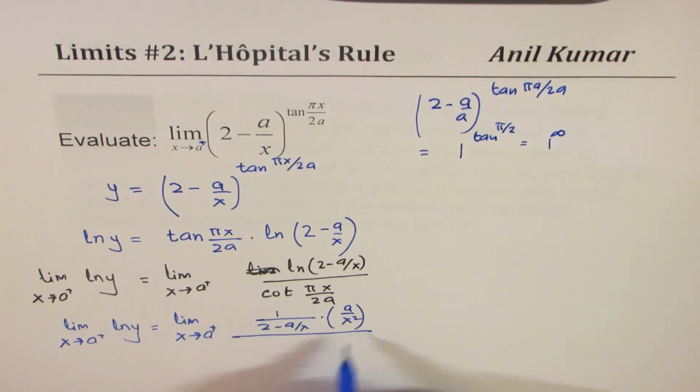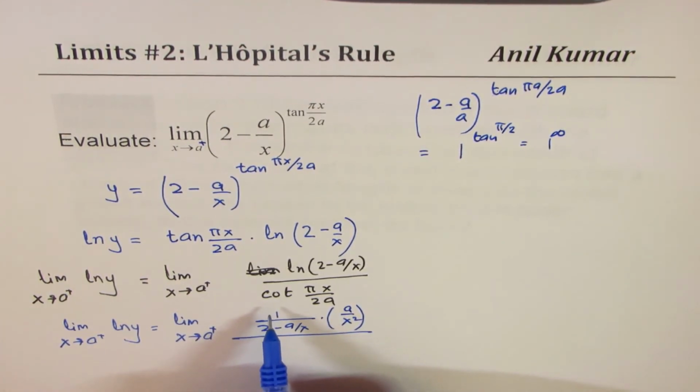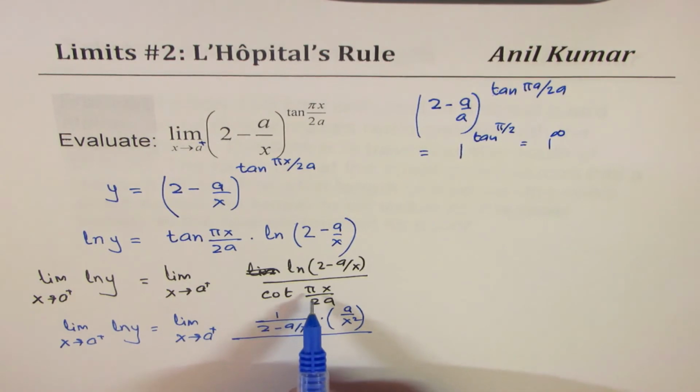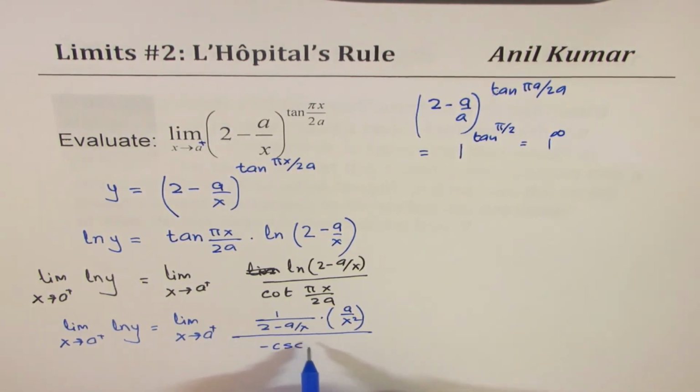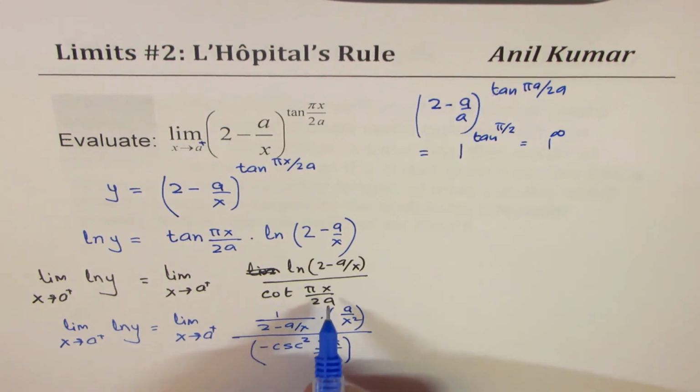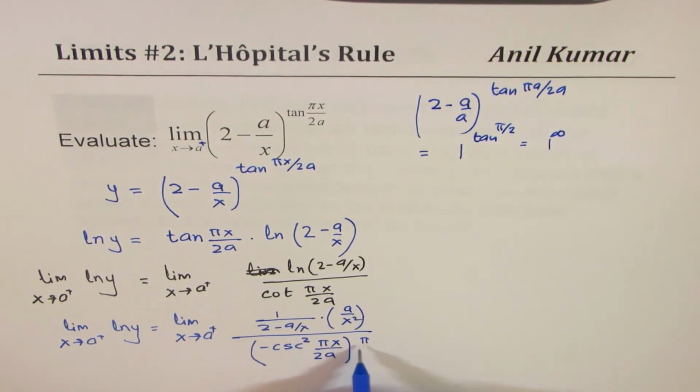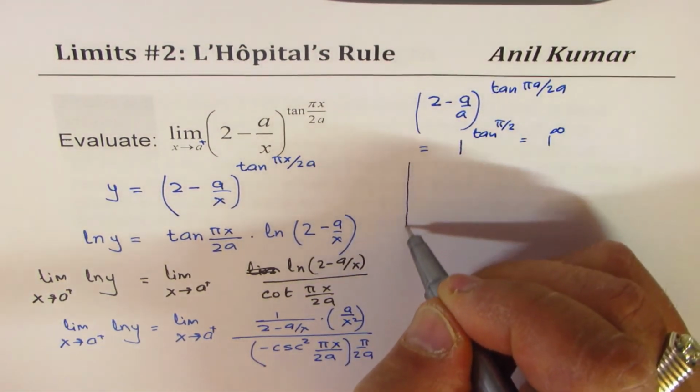Okay, and the denominator here is derivative of cotangent(pi x over 2a), so that is minus cosecant square(pi x over 2a) times the derivative of this inside function. So it is pi over 2a, correct? So that becomes the derivative of this particular function.